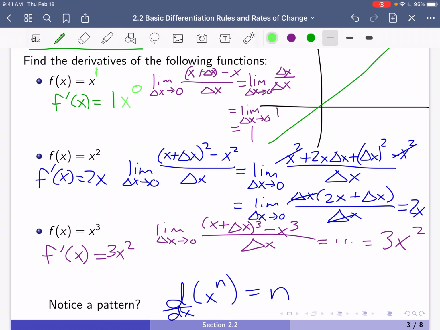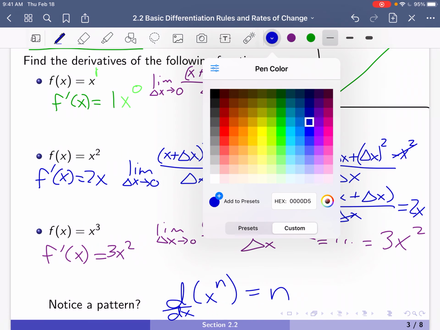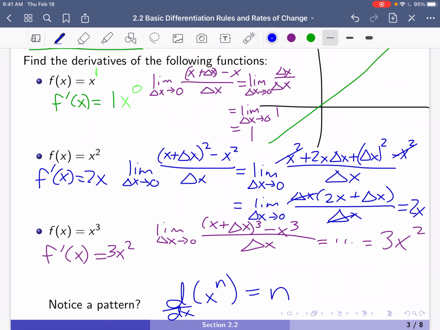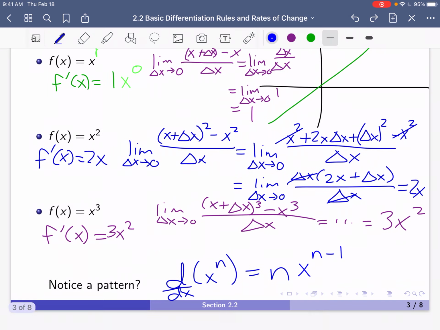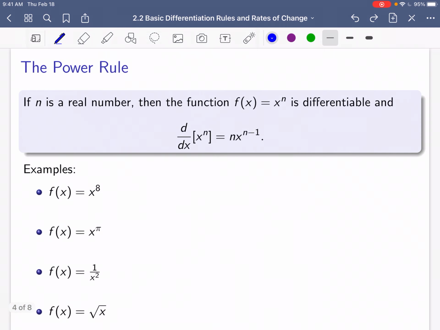So those powers of x are simply going down by 1, right? So first power went down to a 0 power. A second power went down to a first power. A third power went down to a second power. Right? And so that is our power rule.